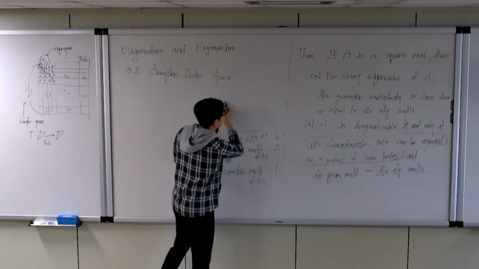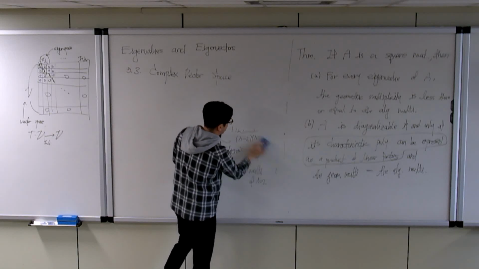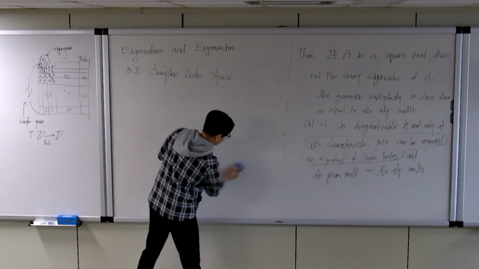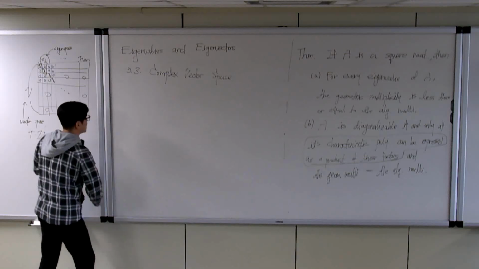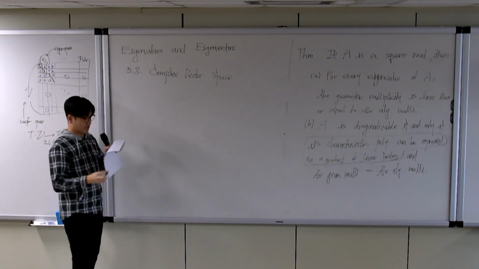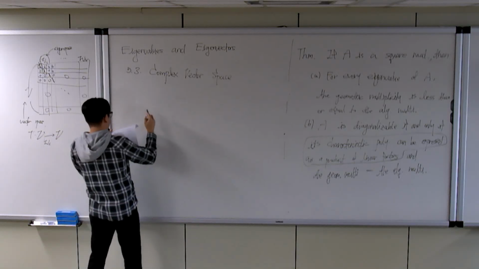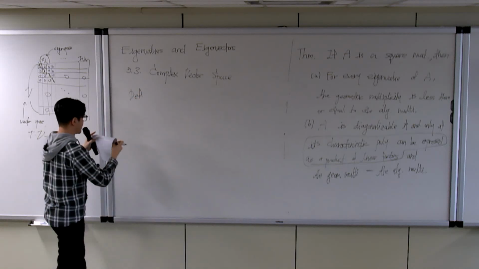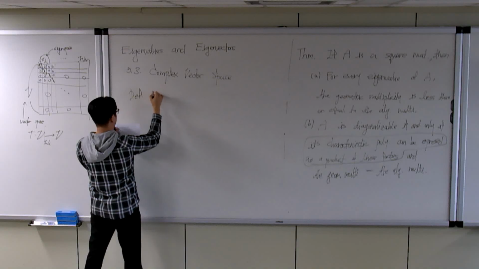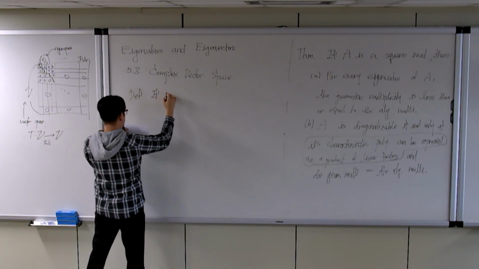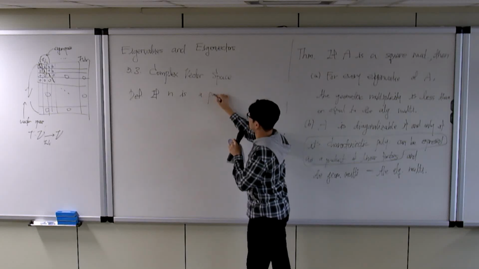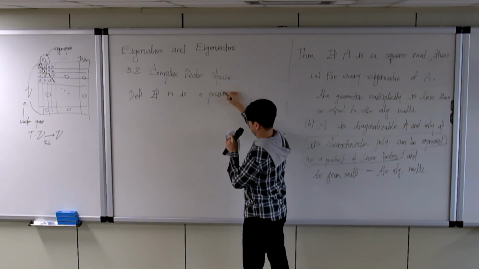So as a remark, in n-dimensional complex space, the vector V will be written in the form V1, V2, Vn, and each Vi is a complex number.